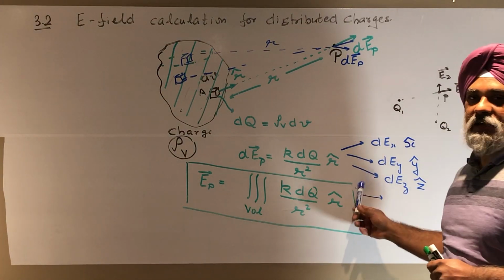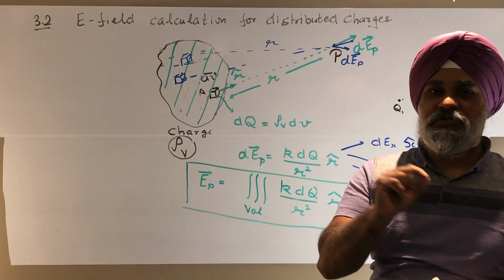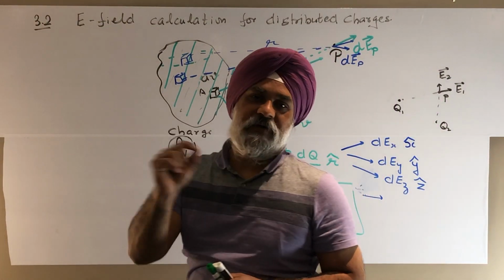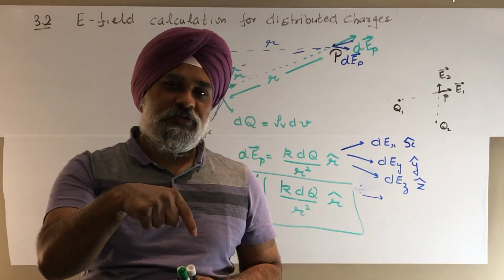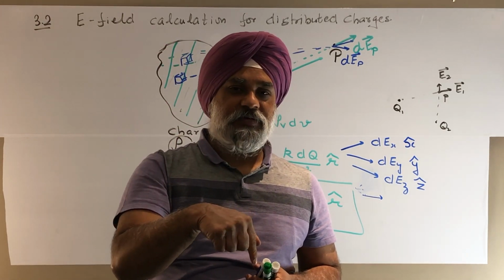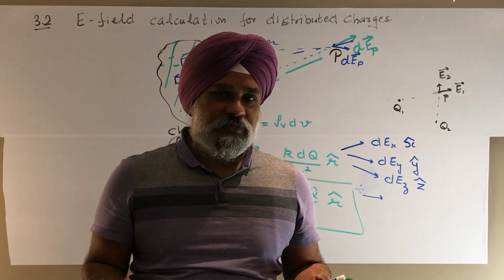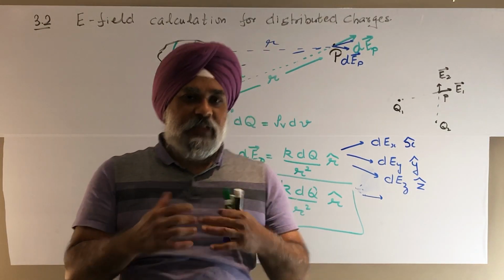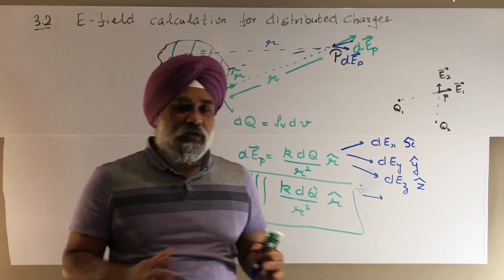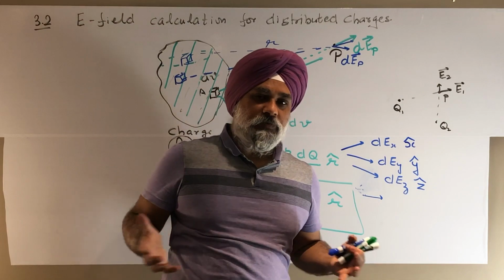Ultimately, when you're doing the integrals, you'll have to go back to Cartesian. So you should be able to take something which has been defined in spherical and convert it into Cartesian, something which has been defined in cylindrical and convert it back into Cartesian before you can actually do the integrals. Let's do examples, and as we do examples, this will become more and more clear.